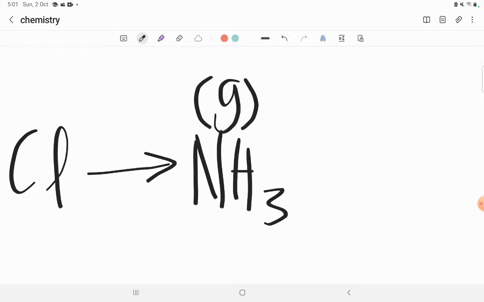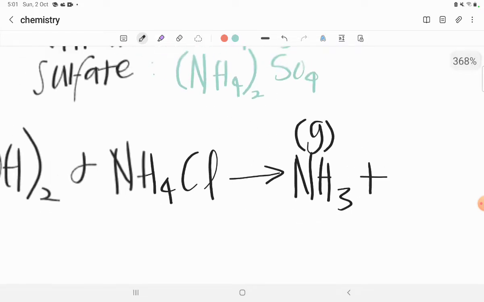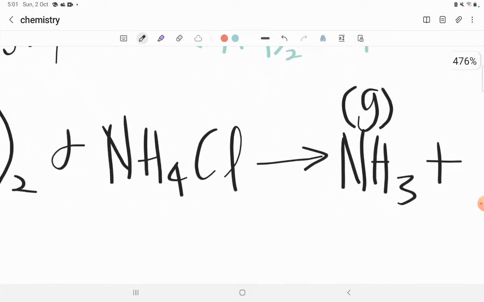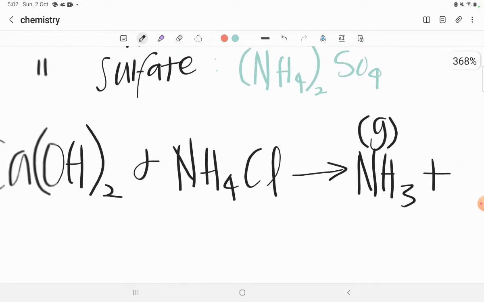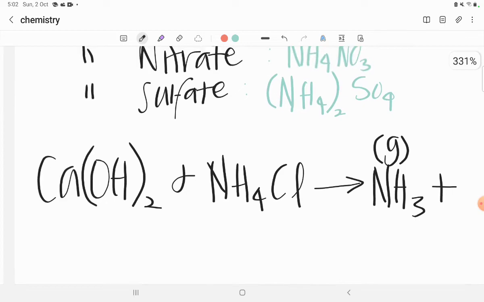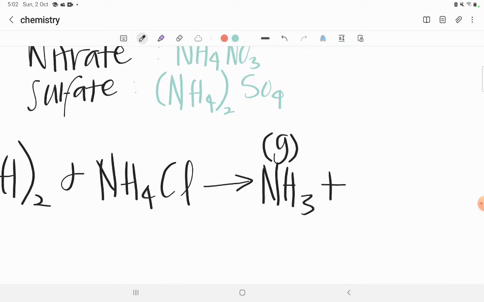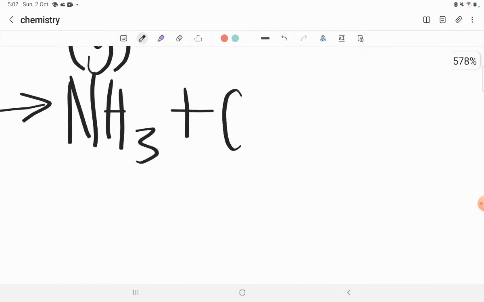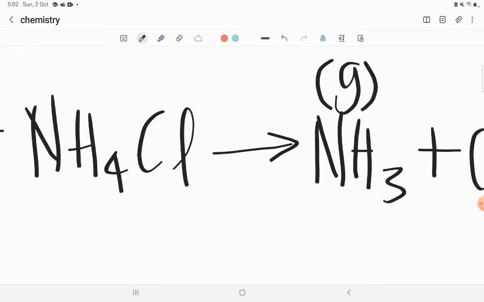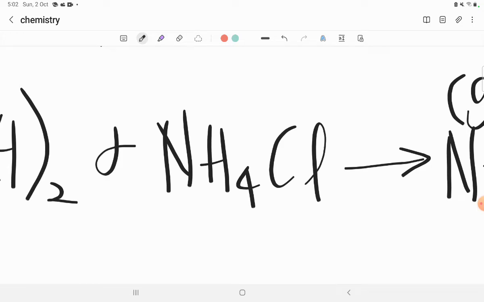The state symbol. Okay, so NH3, then we have 1 hydrogen left. So it will be CaCl, calcium chloride. I need 2 Cl, right? Yeah, I need 2.